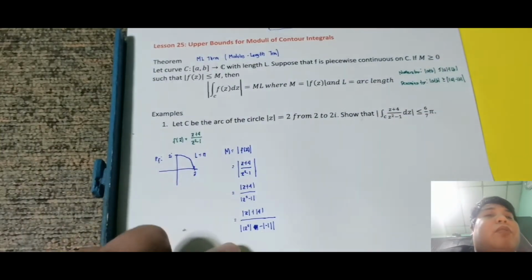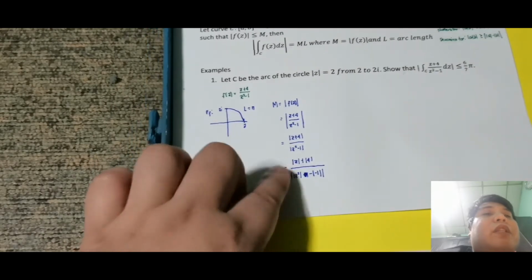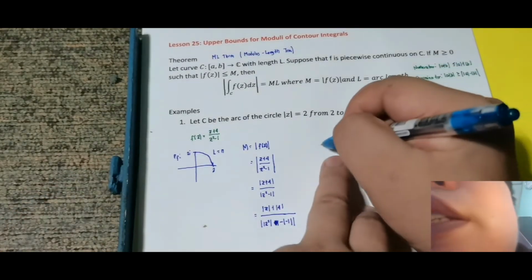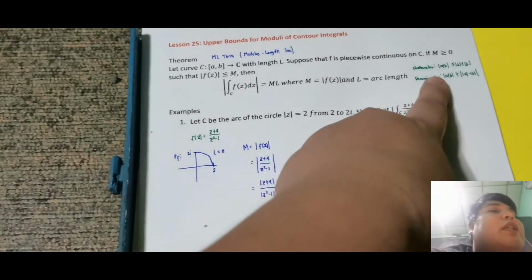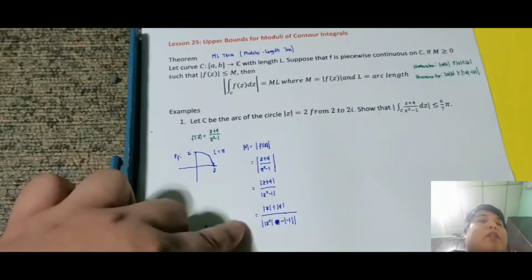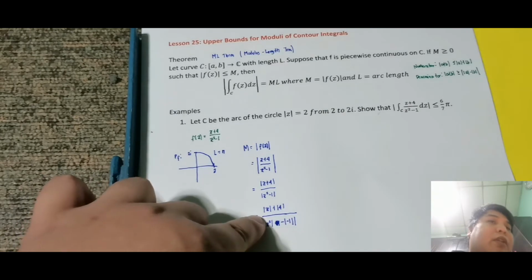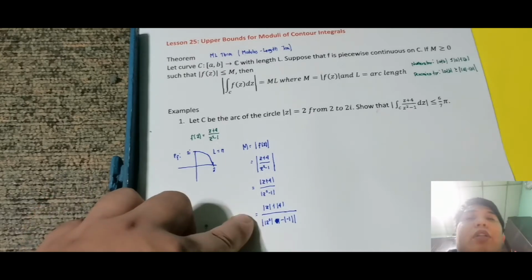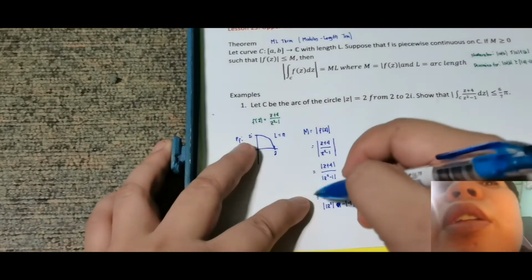Okay, note that, diba nangyari sa numerator lumaki siya, sa denominator lumiit. So kung lumaki yung numerator, lumiit yung denominator, therefore ito ay lumaki. Tama? So therefore ito ay lumaki.